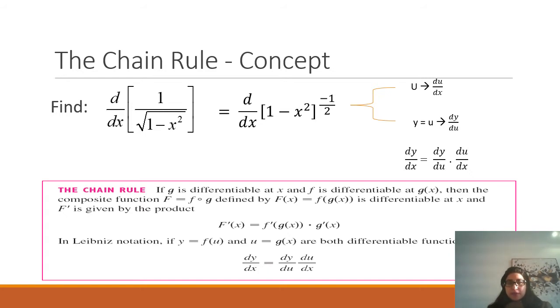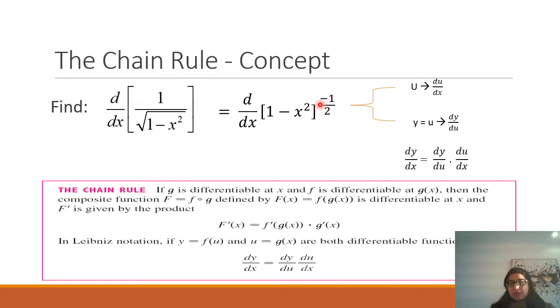In this example, you have 1 over the square root of 1 minus x squared. Let me first activate my laser pointer. Here it is. Alright, so we actually have two functions, if you think about it. Let me first rewrite this one in this format. It's always easier for me to write the square root as a half.